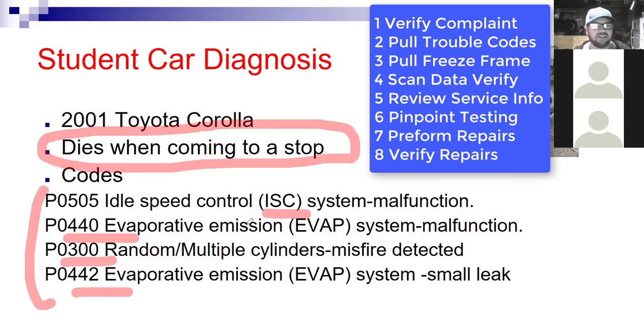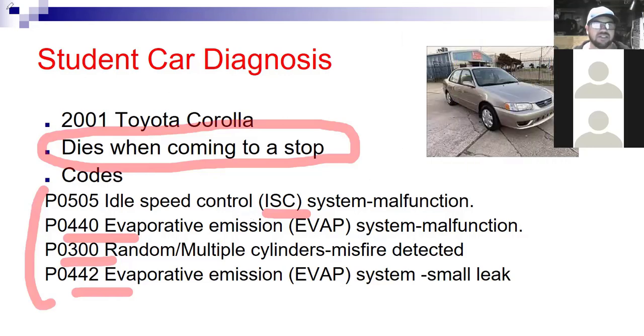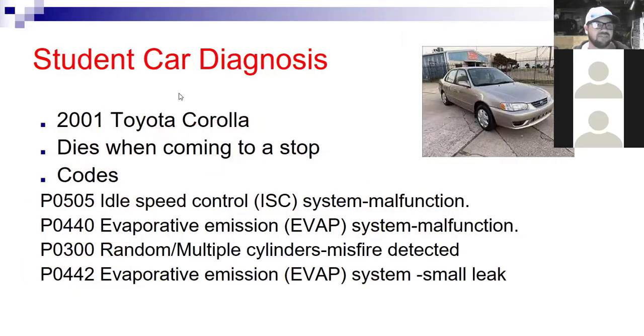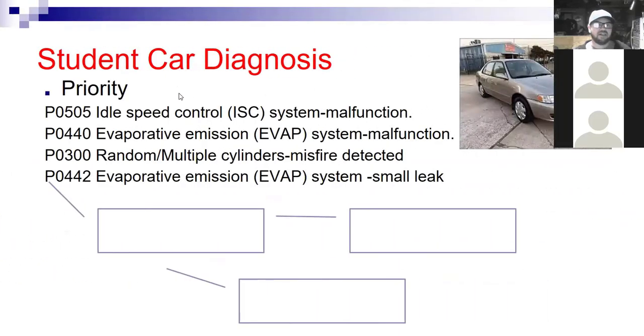But then as we move down, I said, hey, does the data support the codes? Let me clear this up a little bit and give myself some room to draw. So here's the codes. There's the car again. So does the data support the codes? And really, what do I want to do? I want to establish a condition.